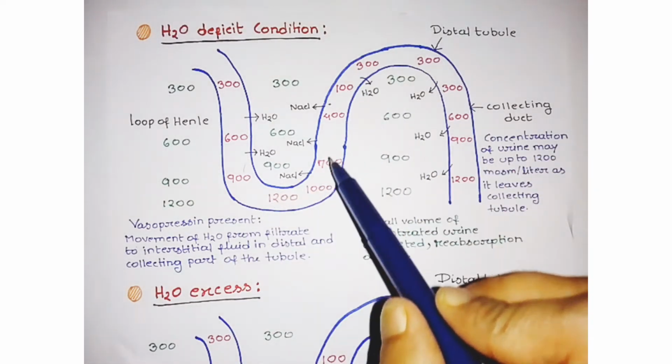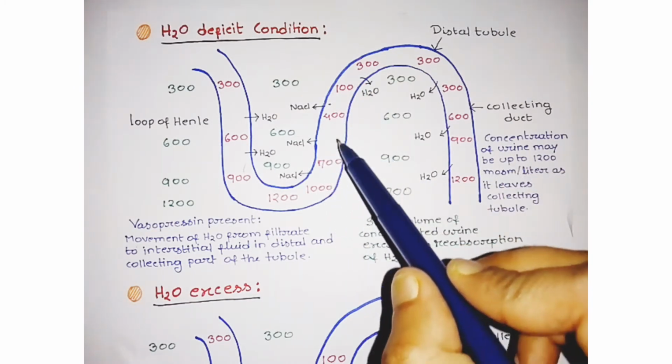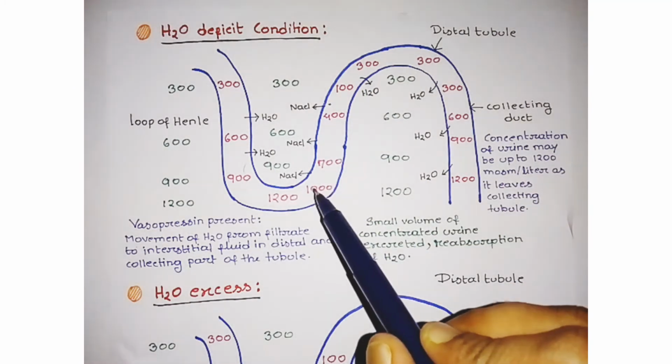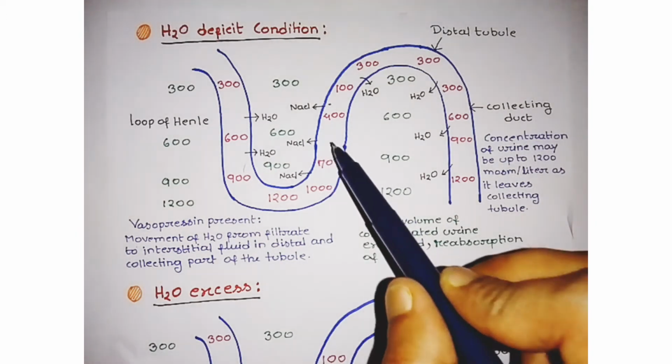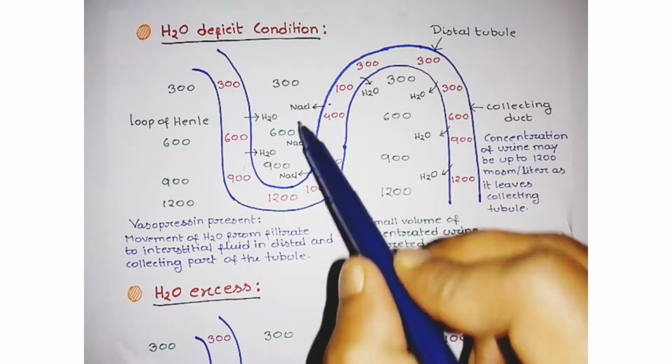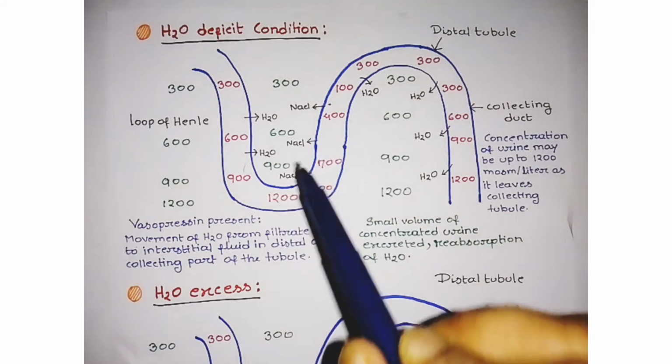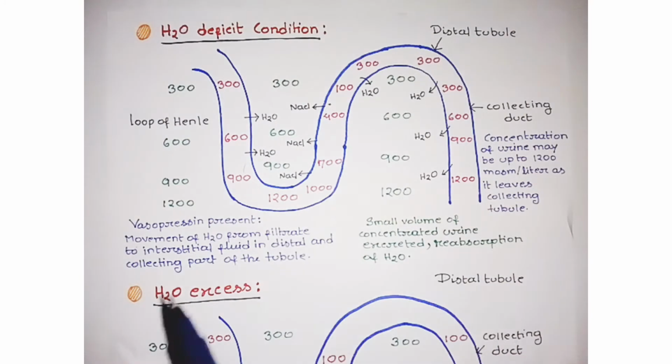Now the ascending limb, this is the ascending part of the tubule. This ascending part of the loop of Henle is impermeable to H2O, but NaCl is pumped out from the filtrate into the interstitial fluid in this part.